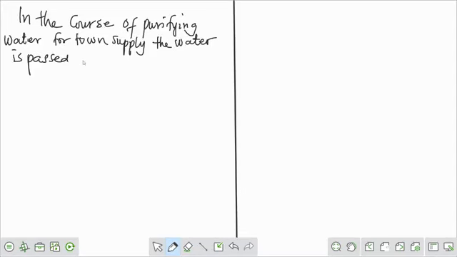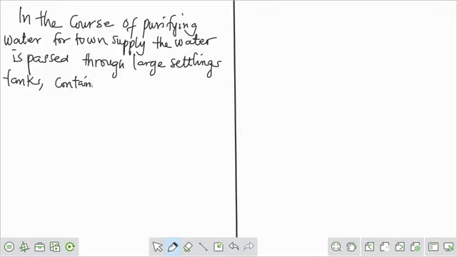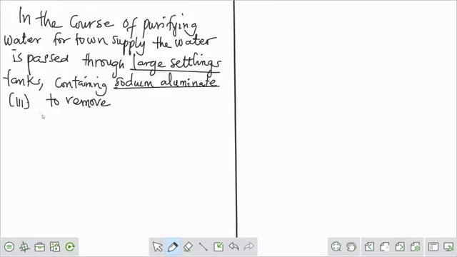It's passed through large settling tanks containing sodium aluminate 3 to remove, so they say, what do we remove with sodium aluminate in large settling tanks?